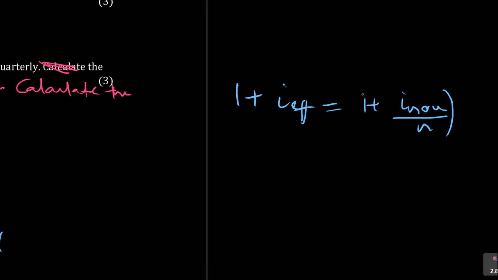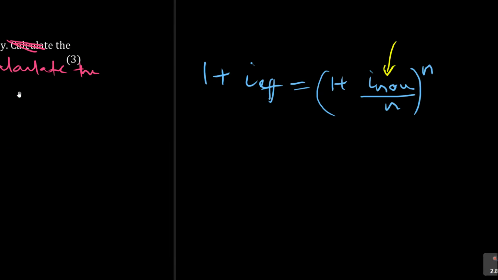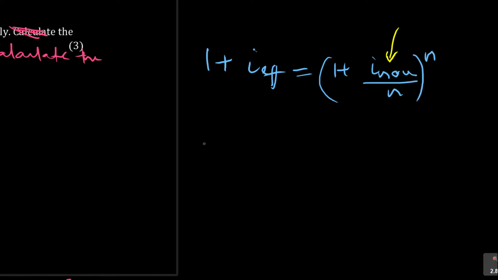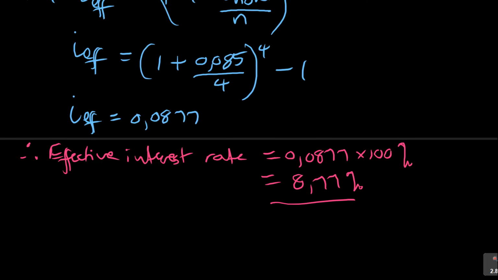So what we have, remember, it's 1 plus I EFF is equal to 1 plus I norm over n to the power n. So we want this I norm, but we know the I norm is 8.5, but I want to work back, and then the I effective is 8.77. So let's look at it. We are saying 1 plus I effective, remember it's 8.77, but you go back to the I effective, the actual one, before you convert it, it was 0.0877.